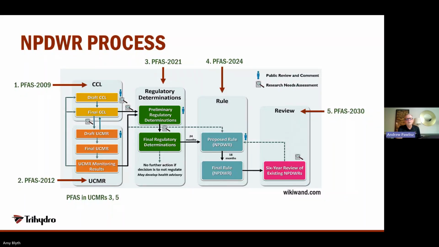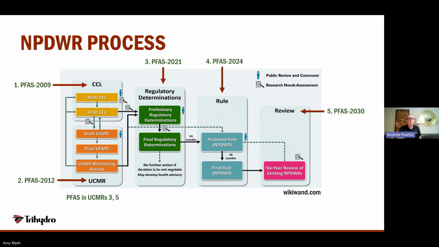Let's take a look at the overall Safe Drinking Water Act MCL development pathway in context of PFAS. The process started back in 2009 with the contaminant list designation. Then we had the UCMR3 in 2012, and then regulatory determination in 2021, with the final rule promulgation earlier this year.